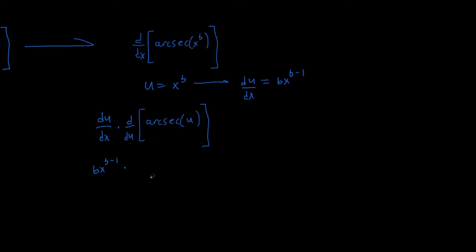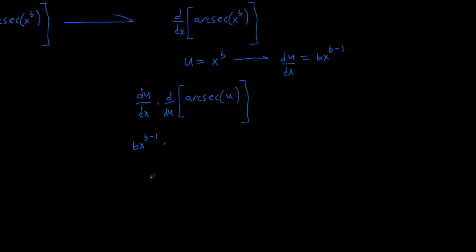Well, we already worked out in the main derivation video for arcsecant that the derivative of arcsecant is going to be a positive one. It's going to be equal to 1 over u squared times the square root of 1 minus 1 over u squared.